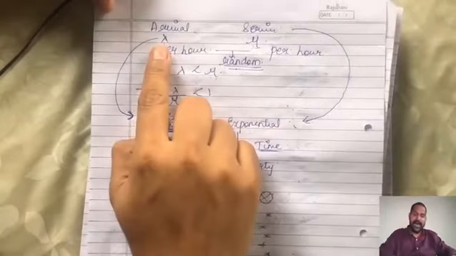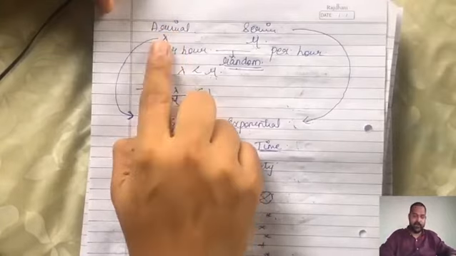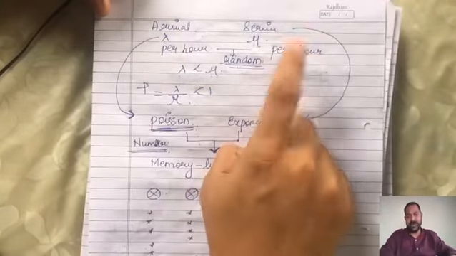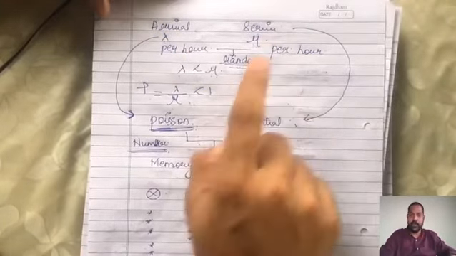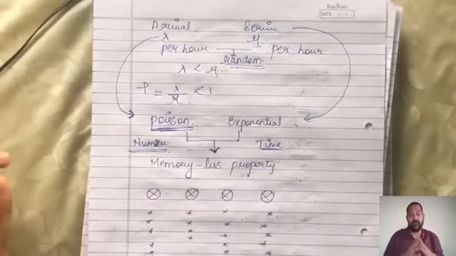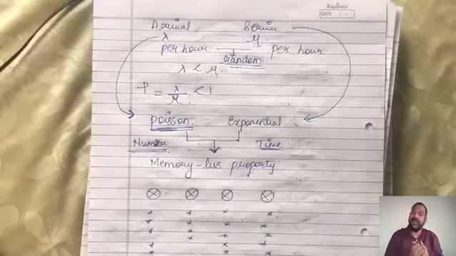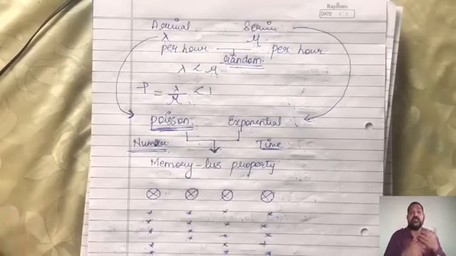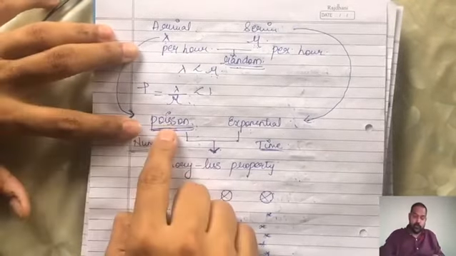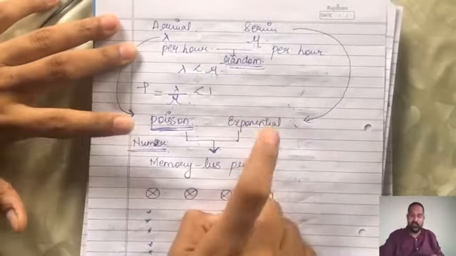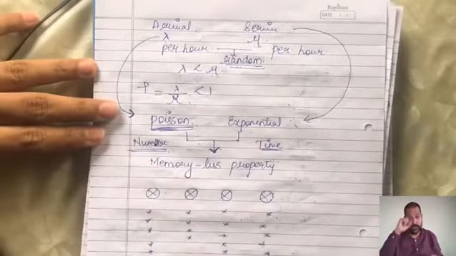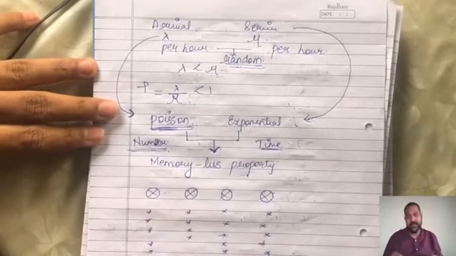Fine. Arrival happens randomly at the rate of lambda per hour. Service happens randomly at the rate of mu per hour. But this randomness, because we have to study and understand and derive inferences from it, we assume that the arrival follows Poisson distribution while the service follows exponential distribution, and both are memoryless.